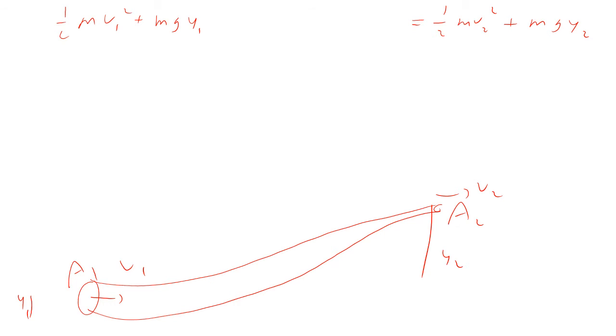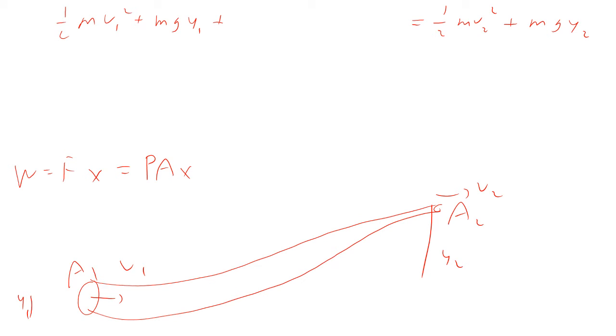Now work, remember, is going to be force times area. Not, sorry, force times distance. Okay, well, you look at that and say, well, force in fluids would be pressure times area.